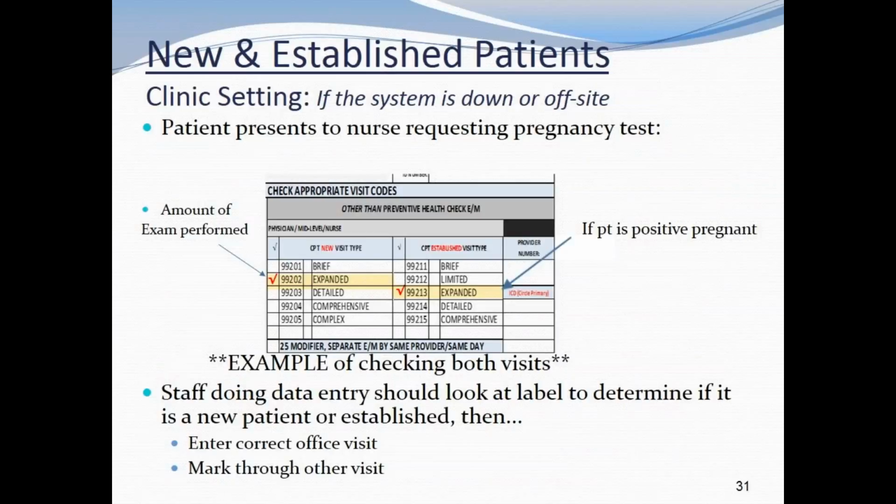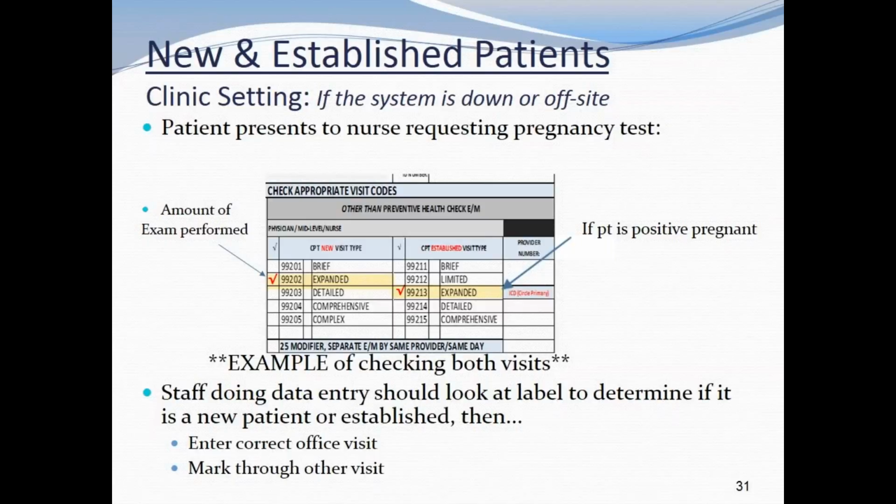So you don't have to look at that PEF again, because the clerk putting that in the system is not going to have any idea whether this is a new or established patient unless they are looking at it in the system. And most of the time when they see it, they're going to have that. But you, as the provider, have the patient and the chart in front of you. You may or may not have the system to back you up. If that is the case, you can code for both.